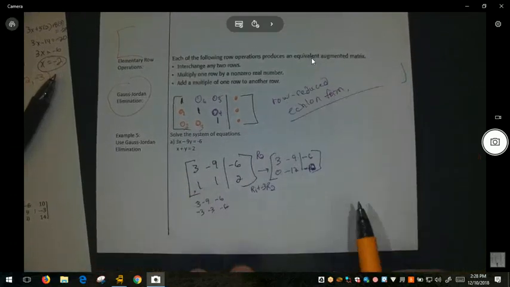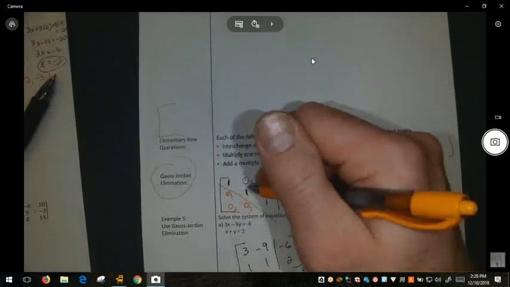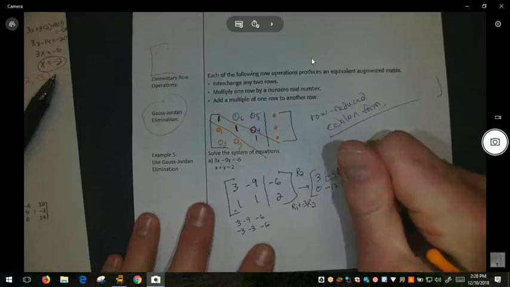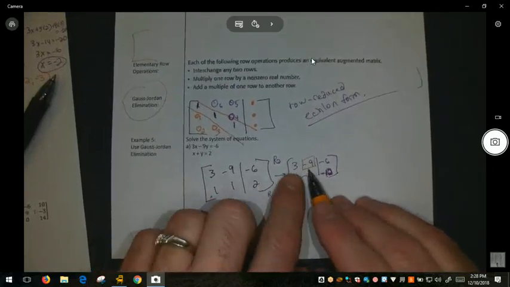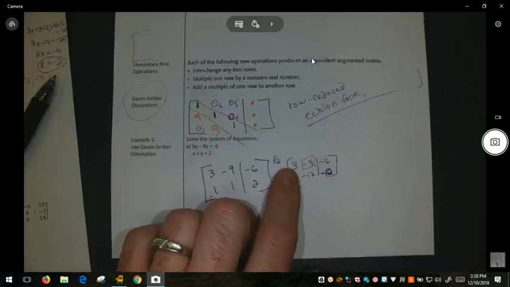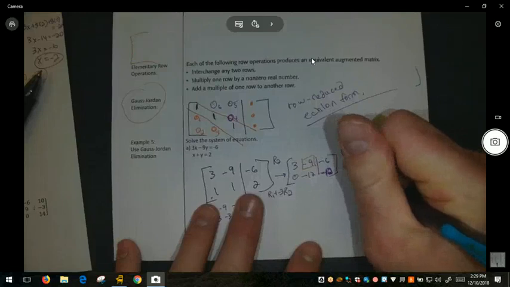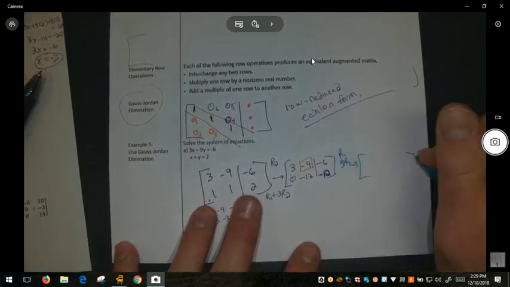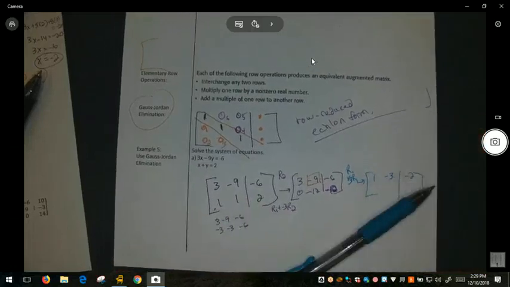Now, in Gauss Jordan, I need to have a lower triangle of zeros and an upper triangle of zeros. So what that means for this one is I need my 9 to be a 0. Right now, if I can actually reduce the top, it makes it a little simpler. So I'm going to replace row 1 with 1/3 of row 1, or dividing row 1 by 3. 1, negative 3, negative 2.